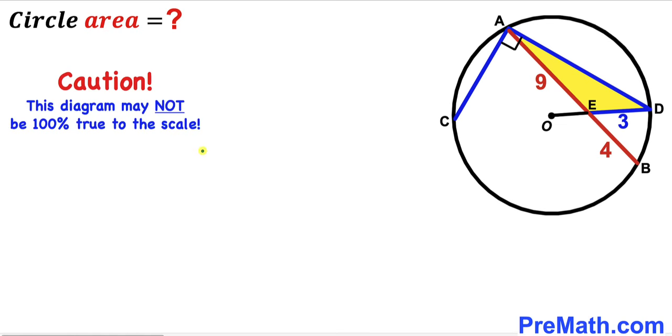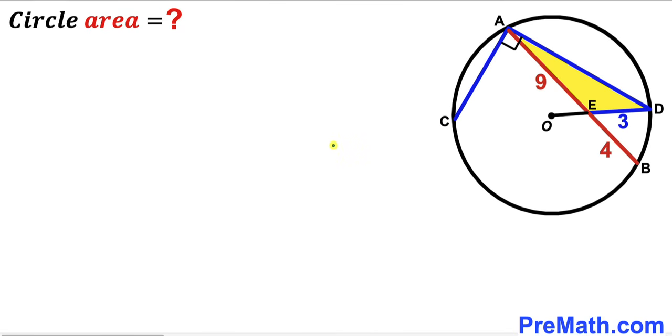And please keep in mind that this figure may not be 100% true to the scale. Let's go ahead and get started. And here's our very first step. Let's focus on this circle with the center O. And we can see that these points A, B, C, and D are the points on the very same circle.